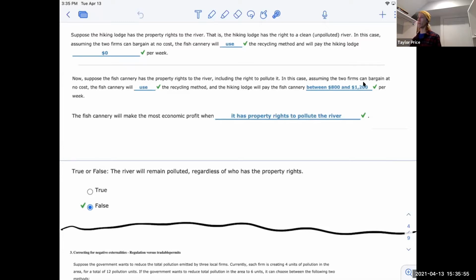Now the next scenario is, let's say the fish cannery is the owner of the river, and by being the owner of the river, they can pollute it. If they can pollute it, all we're really saying is that the two firms can bargain at no cost. The fish cannery is going to use the recycling method, but then the hiking lodge is going to pay the fish cannery between $800 and $1,200.